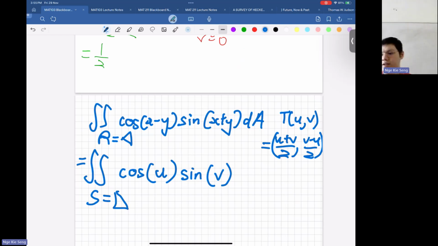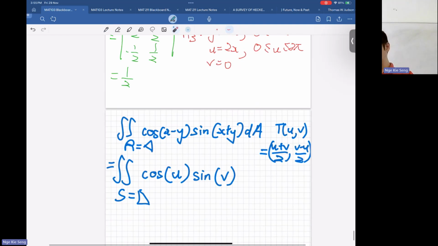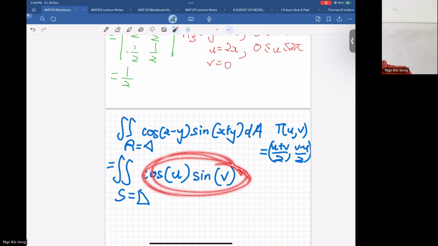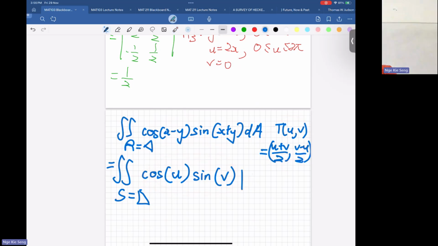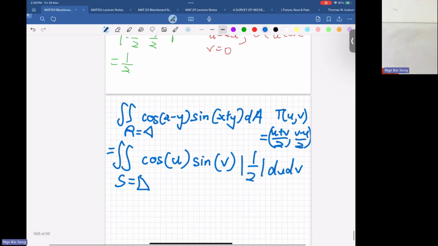So you can see that we are recording two sets of change of variable: one inside my function, the other inside the transformation, multiplied by the Jacobian.